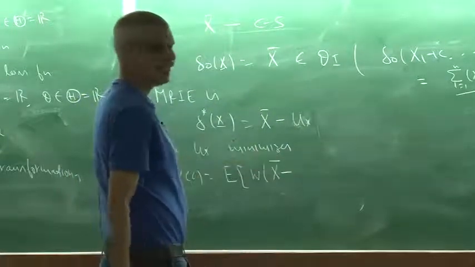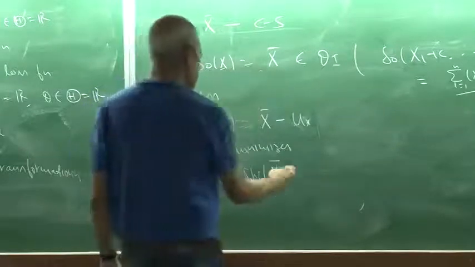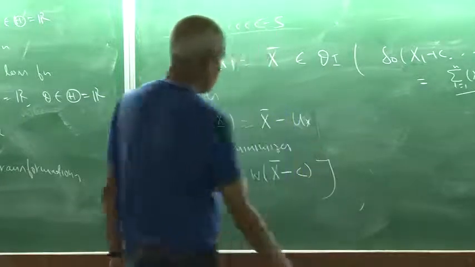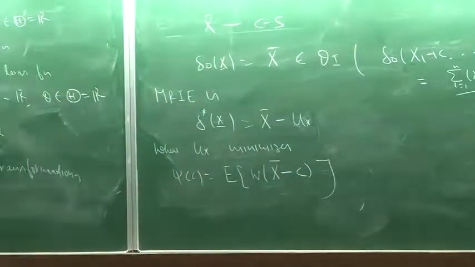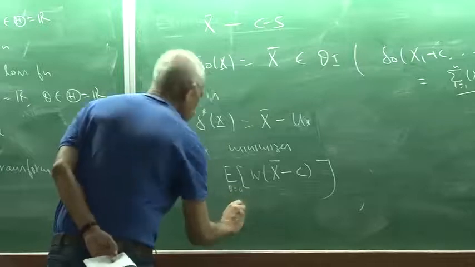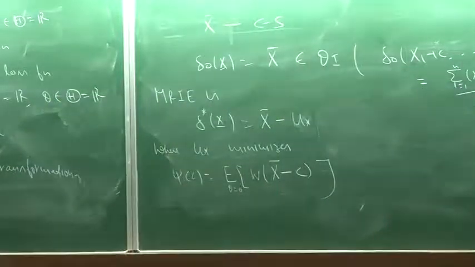But x bar and D are independent due to Basu's theorem. So that is why this would be just c, and given D equals d will not come because the conditional expectation is the same as the unconditional expectation. And I have to minimize risk only at theta equal to 0 because risk is constant. So I have to find out this.